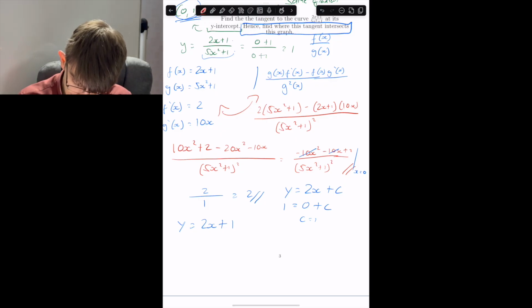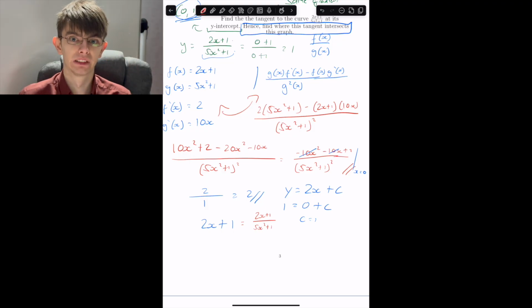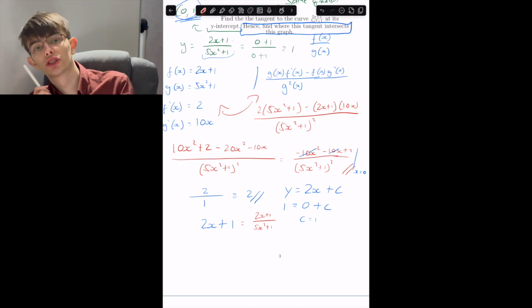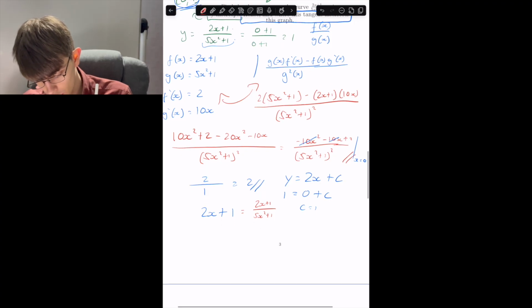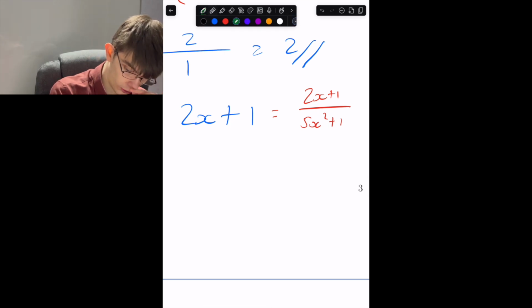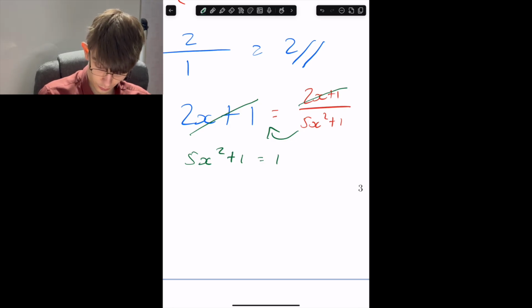So if I want to find an intersection, I need to equate my graphs together. So I need to equate 2x plus 1 to (2x plus 1) over (5x squared plus 1). Now I need to solve for x. Some of you might have a thought here, and I'm going to zoom in for dramatic effect: hang on, 2x plus 1 cancel, multiply both sides by the 5x squared plus 1, equals 1, minus 1 from both sides, 5x squared equals 0, x equals 0.